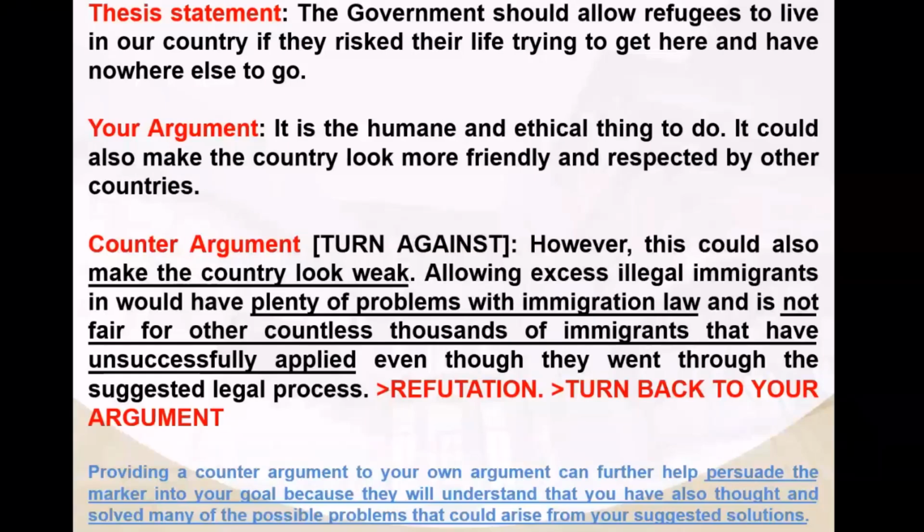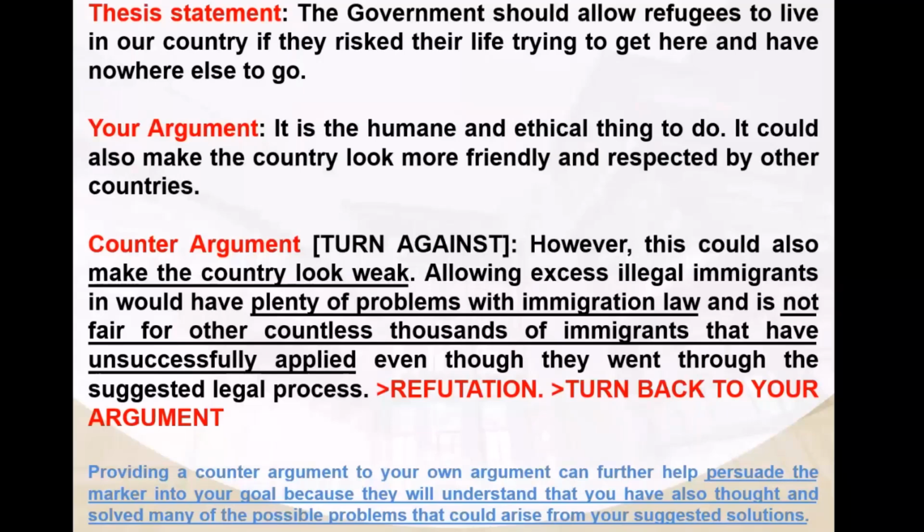So those who are criticizing my view that having refugees come will make us look humane and be seen as conducting ourselves in an ethical manner, which will build a positive reputation of our country because we will look more friendly and even become more respected.